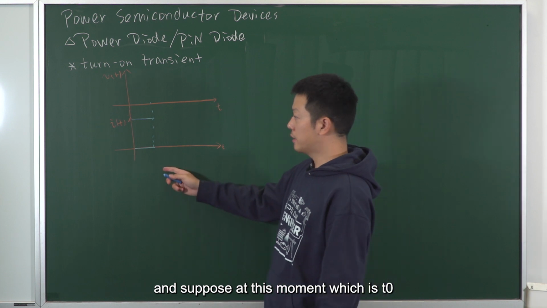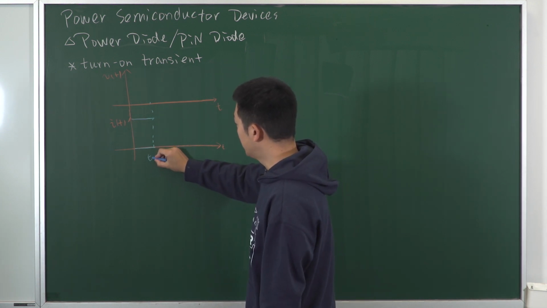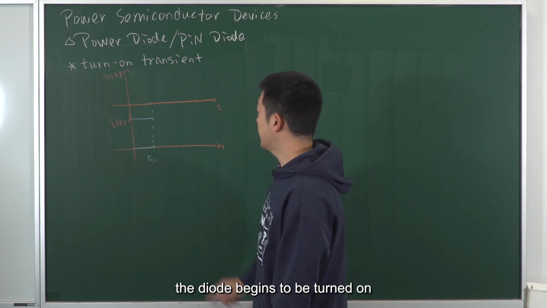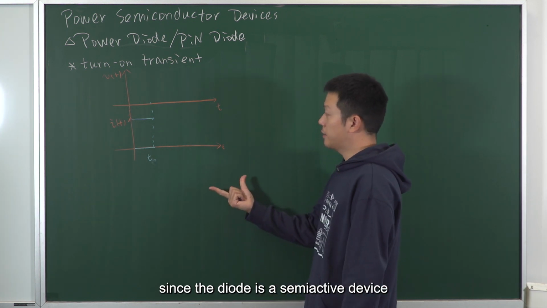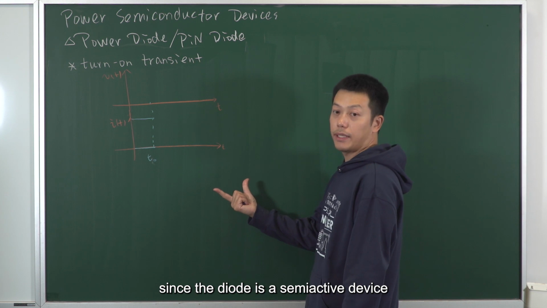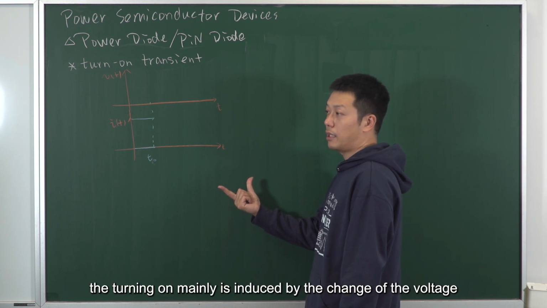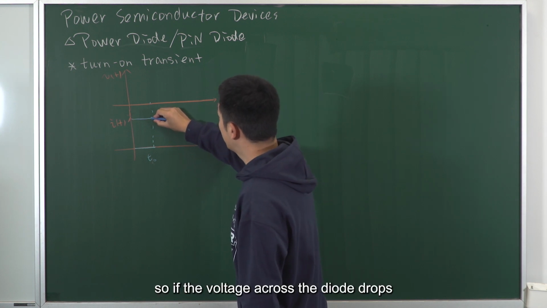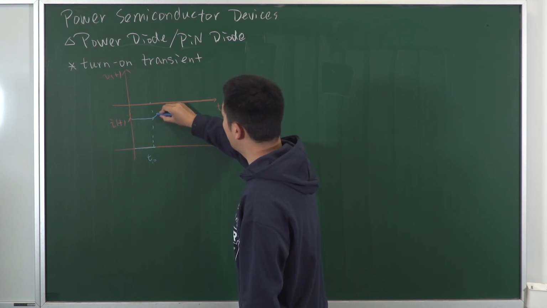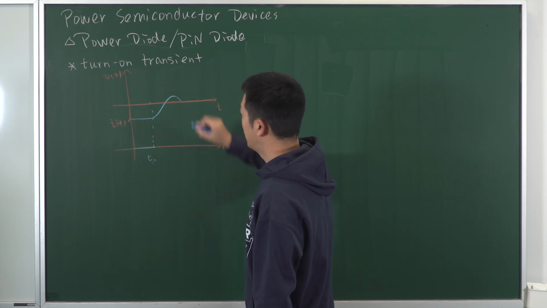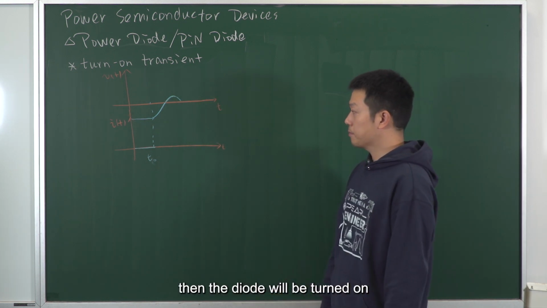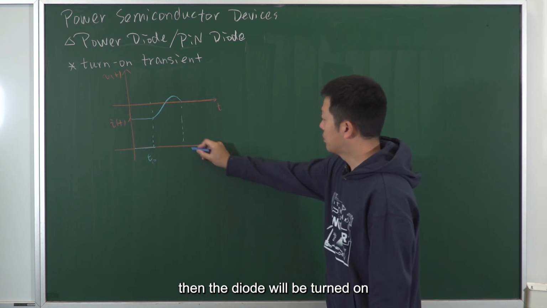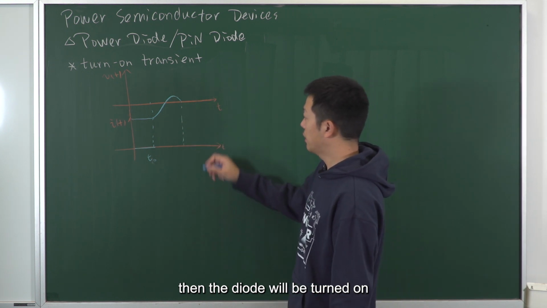And suppose at this moment, which is T0, the diode begins to be turned on. Since the diode is a semi-active device, right? The turning on is mainly induced by the change of the voltage. So if the voltage across the diode drops, then the diode will be turned on, right?